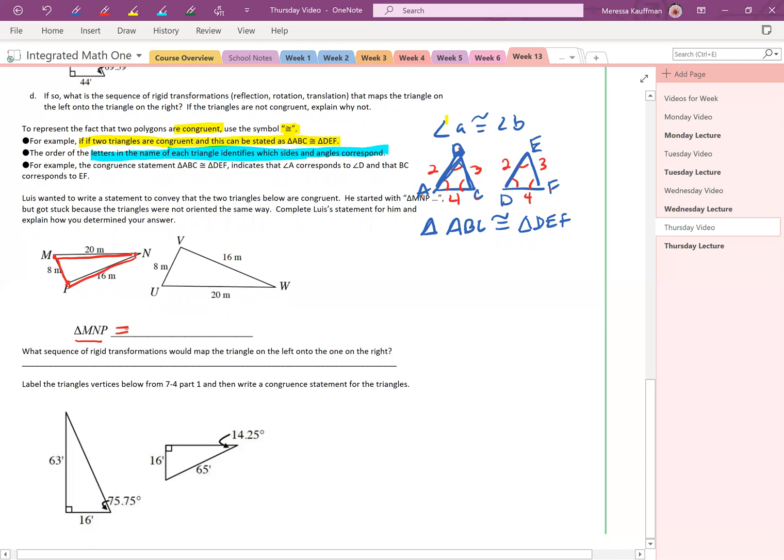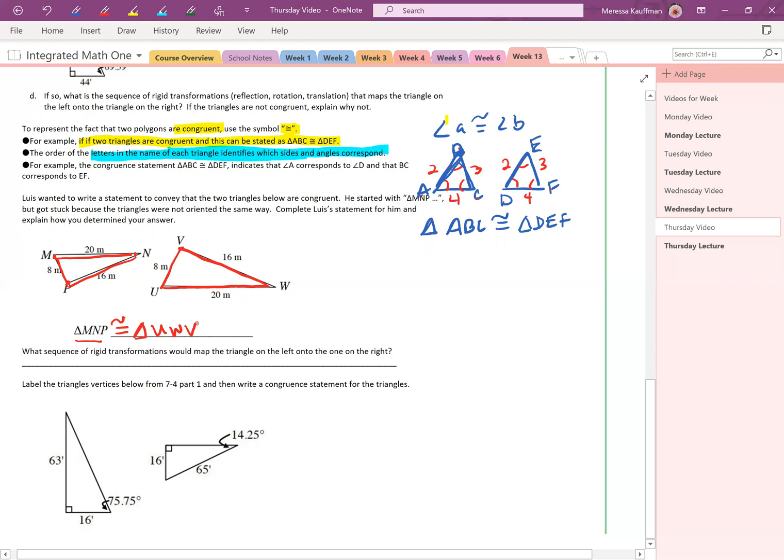If he wants to write out that statement, he has to make sure that those correspond to this other triangle. So I know definitely it's going to start with U, because there's the 20. Remember the next was the 16, which is W. And then the third side length was 8, which was V.